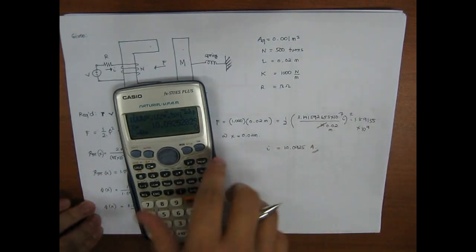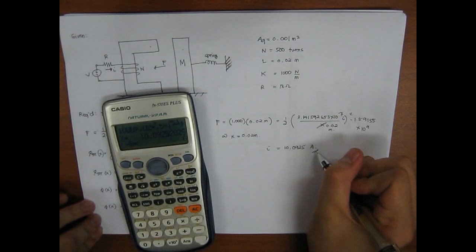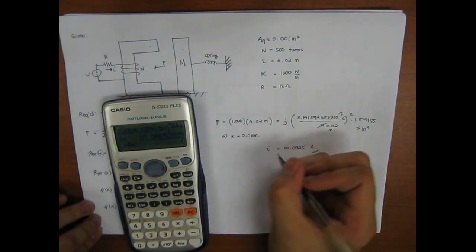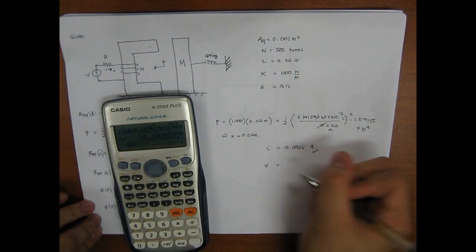And so since we have computed the excitation current, we can now solve for the excitation voltage.